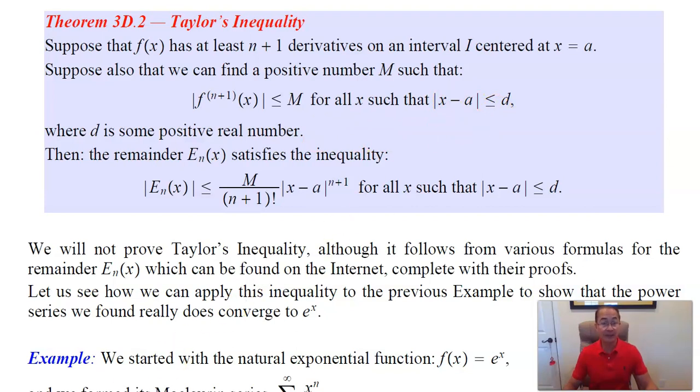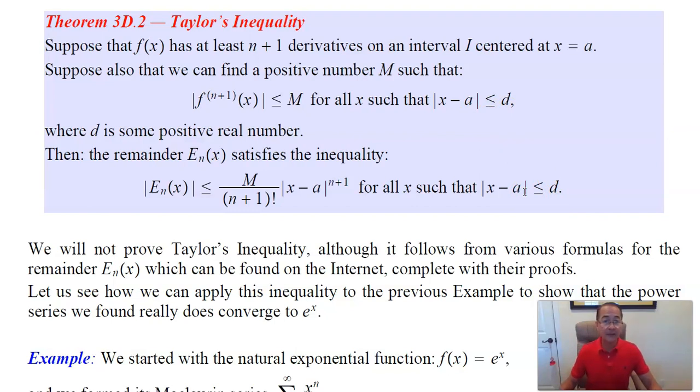Okay, we have seen that symbol before. So if we can find this number, capital M, Taylor's inequality says that the remainder, e sub n, must satisfy this inequality. Its absolute value cannot be bigger than M divided by n plus 1 factorial times the absolute value of x minus a to the power n plus 1. Again, for all x such that x minus a in absolute value is less than or equal to d.